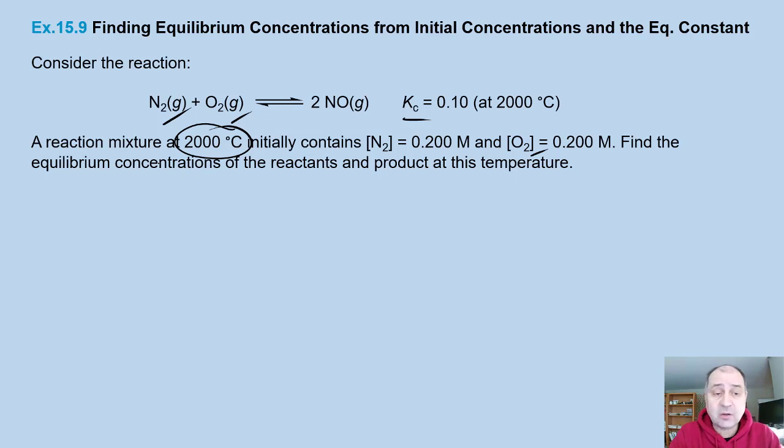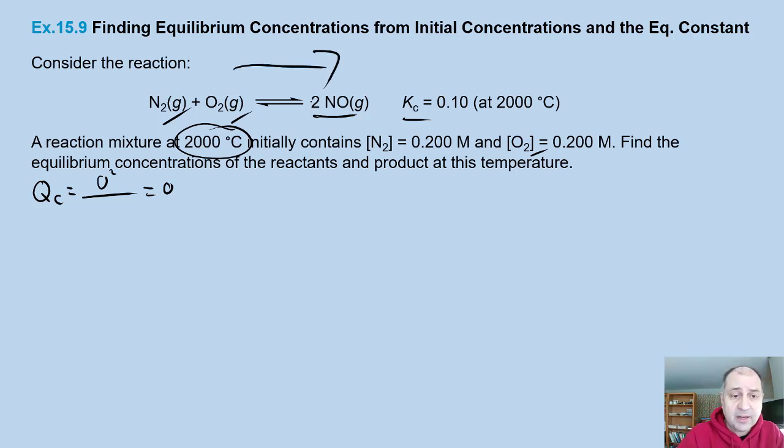This is easy, it's going to shift to the right because we don't have any concentration of NO. If you were to calculate Qc, then you would have an initial concentration of NO squared, which is 0 squared, so that's 0 no matter what you divide it by. So this is smaller than Kc, which means it is going to shift to the right.